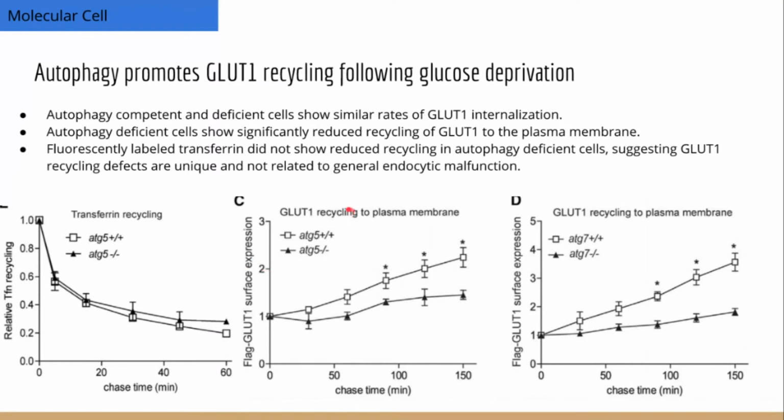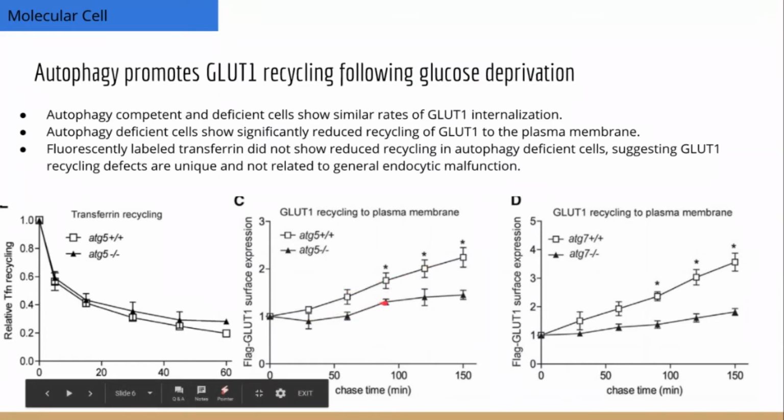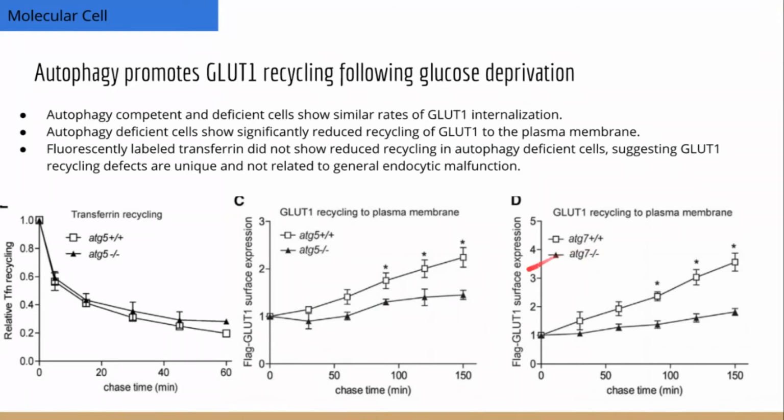Well, not surprisingly, they also show severe deficits in the recycling of GLUT1 to the membrane after 2 hours of glucose deprivation. So the white lines in these graphs indicate the autophagy competent cells, and the black lines indicate autophagy deficient cells, either ATG7 deletion or ATG5 deletion.